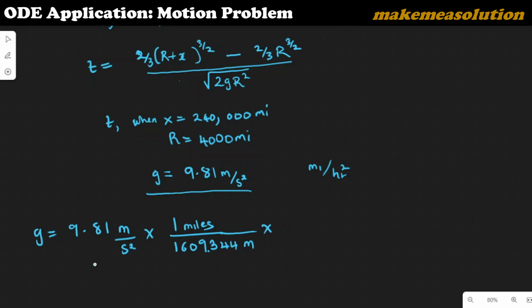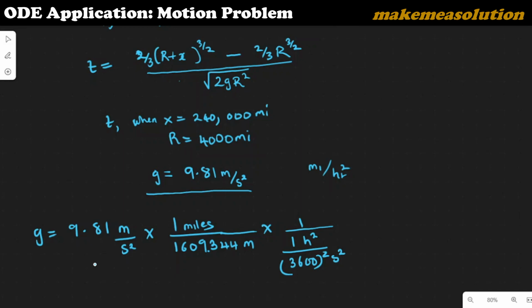Then, 1 hour squared is equivalent to 3,600 squared seconds.